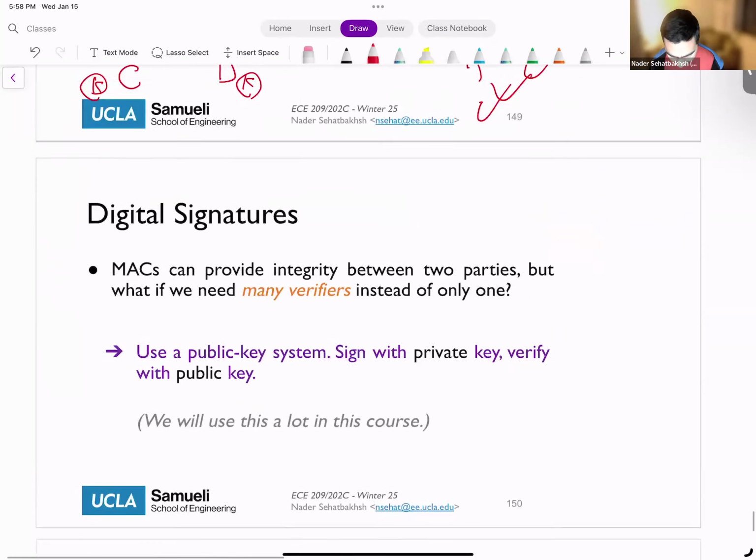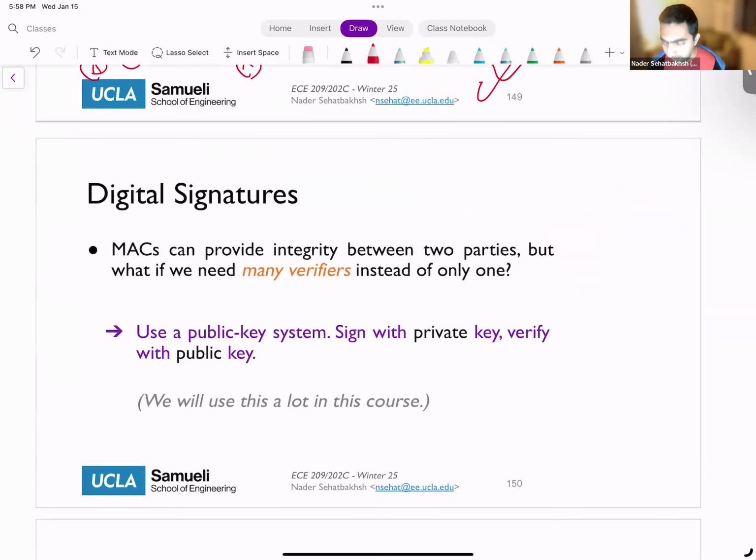So based on this, the idea of digital signatures is exactly like this. The difference is that for digital signatures, the sender uses the secret key to sign. Everyone who wants to verify uses the public key to verify, okay? So the idea is the opposite of what we did, for example, with RSA.